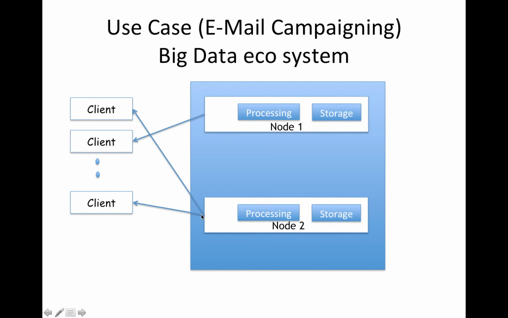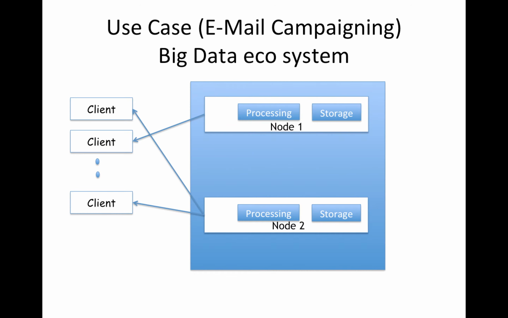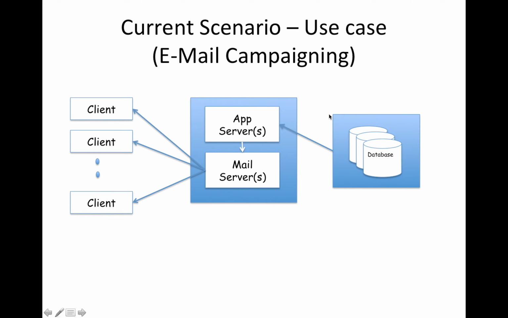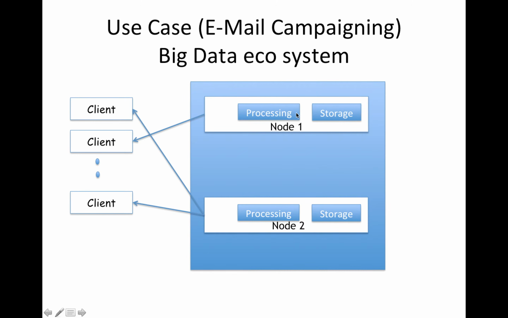And if you try to implement the same application using the big data ecosystem, it will look like this. You will have a number of nodes. In this picture I'm depicting only two nodes, but it can be any number of nodes depending upon the data volume. And the major difference between the previous picture and this picture is that storage and processing will be coexisting.